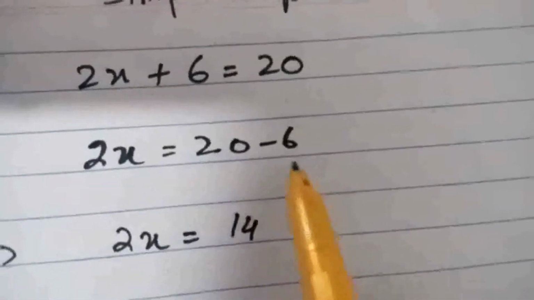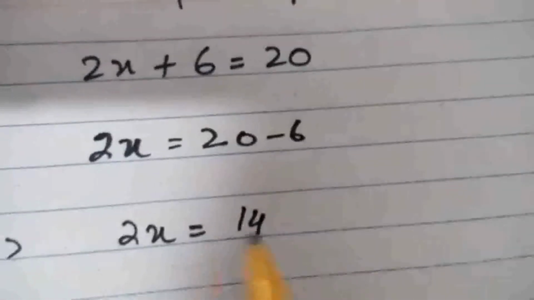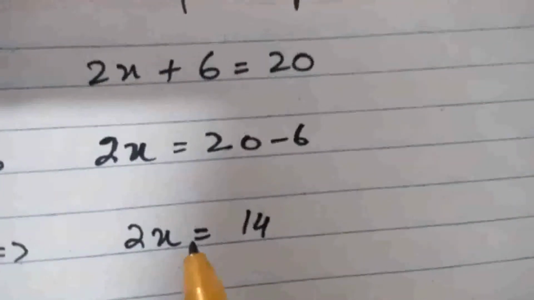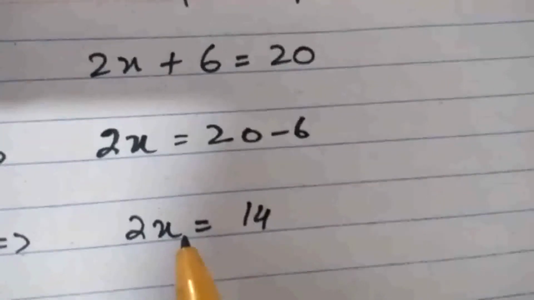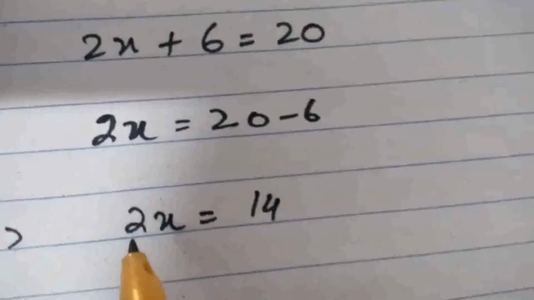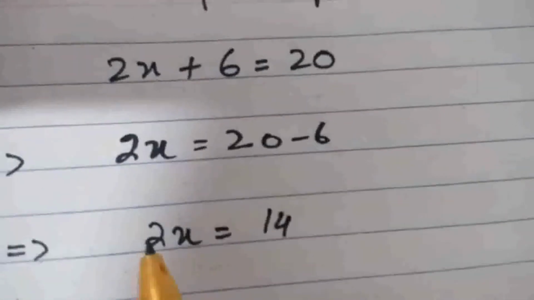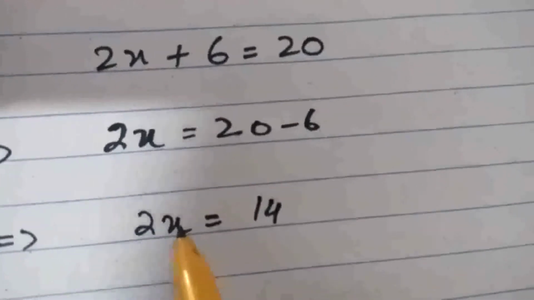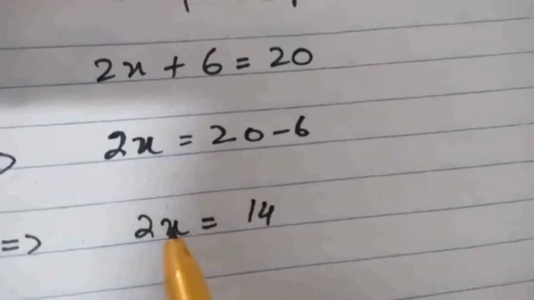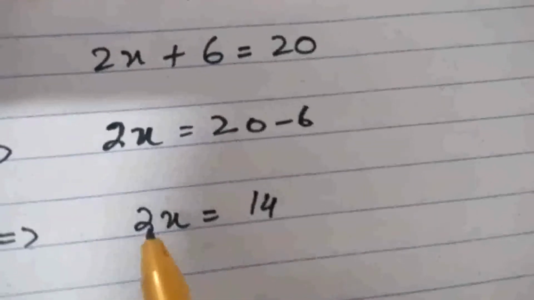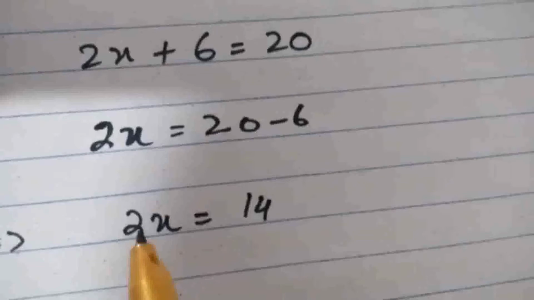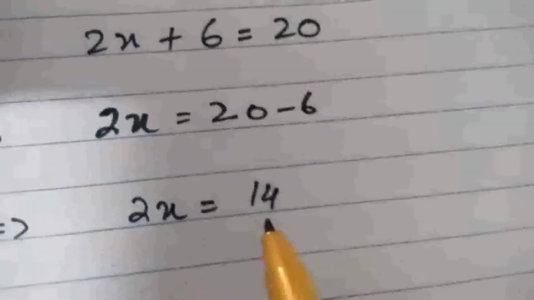Now after subtracting 6 from 20, 2x is equal to 14, and you see that the expression which is indirectly connected with the unknown variable is solved. Now we work on 2. Now 2 is multiplying that unknown variable, so we find the value of x by shifting 2 from left to right and from multiplication to division.